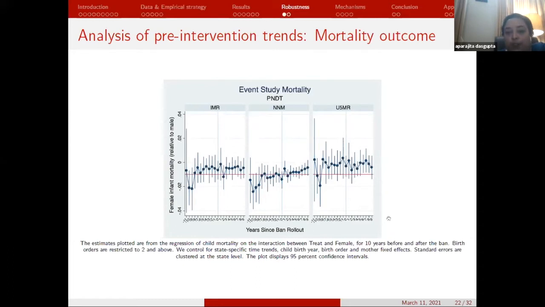This is showing the results for the regression for birth orders restricted to 2 and above. As mentioned before, we control for state-specific time trends, child birth year, birth order, and mother fixed effects. And what you can see here is that it doesn't seem to be the case that this is driven by pre-intervention trends. We cannot distinguish it from zero.